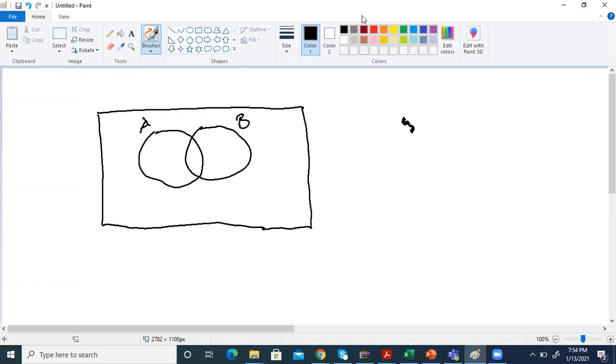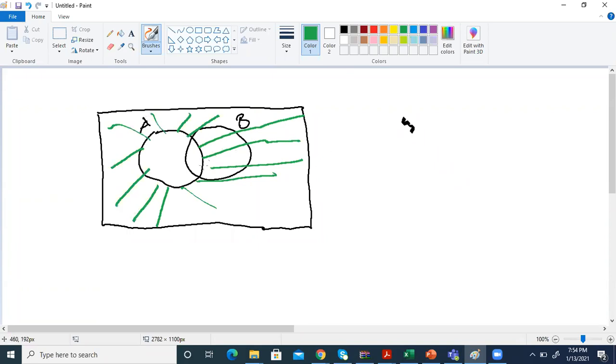So A complement will be everything outside of A. Everything outside of A. So that is A complement. And then B now is this thing here.